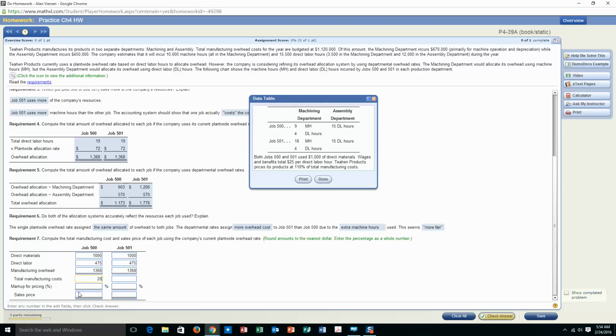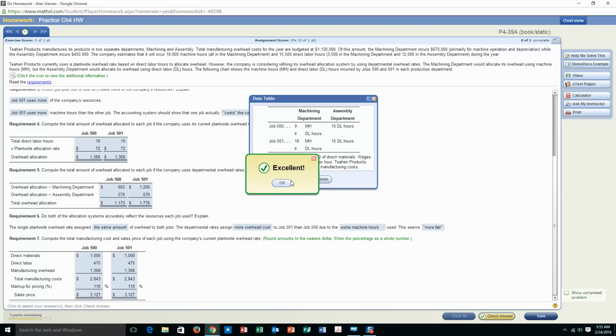There's a little mistake. 2,843. It says in this particular scenario, again from the table, that we want to have a 10% markup. So we're going to multiply by 110%, making our sales price $31.27.